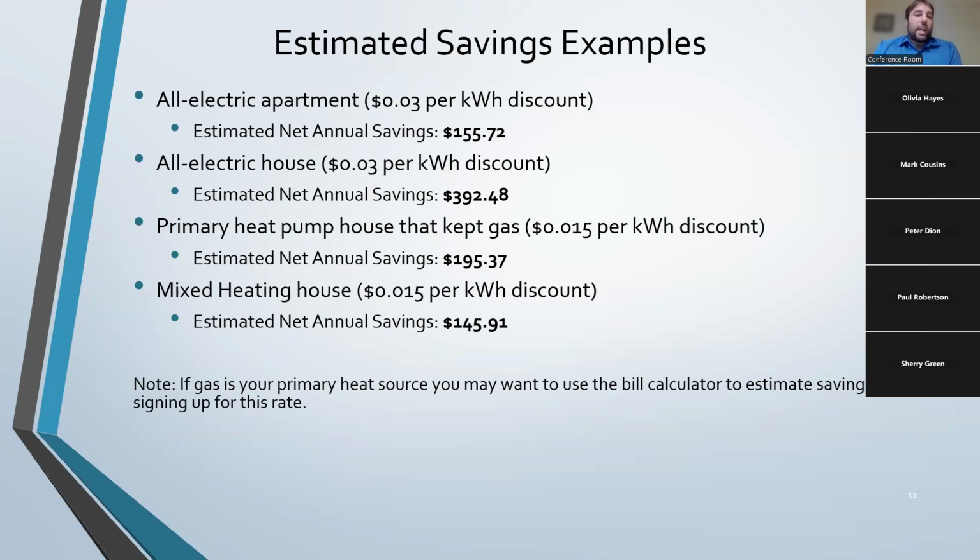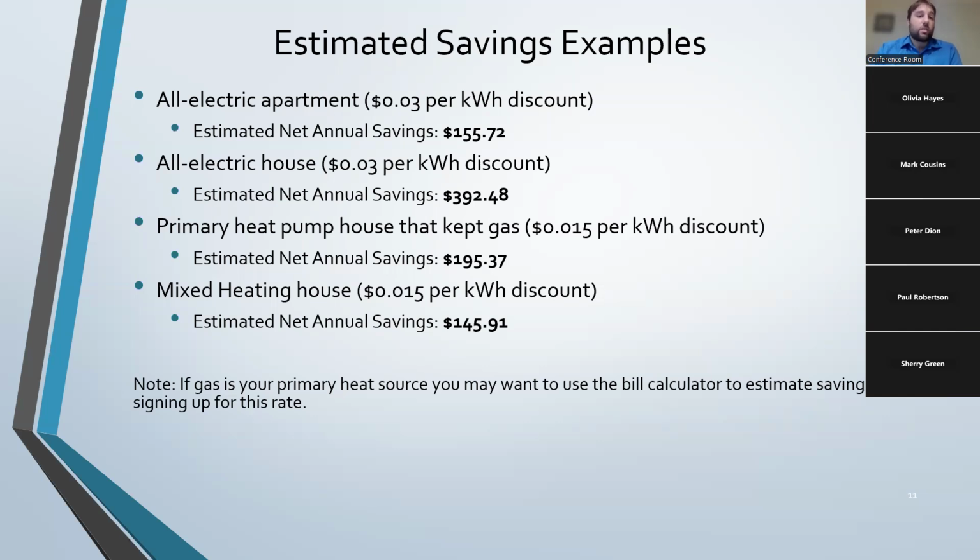So these are a few examples. I actually grabbed some customer examples for these, and it can be different. It all depends on your usage, your situation, the size of an apartment or a house or what have you. But these are some examples.